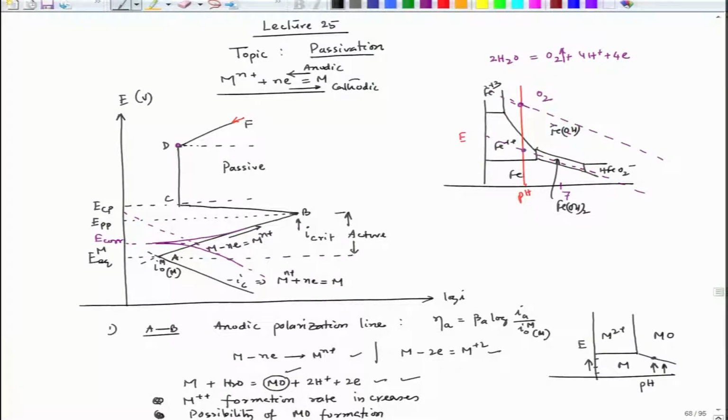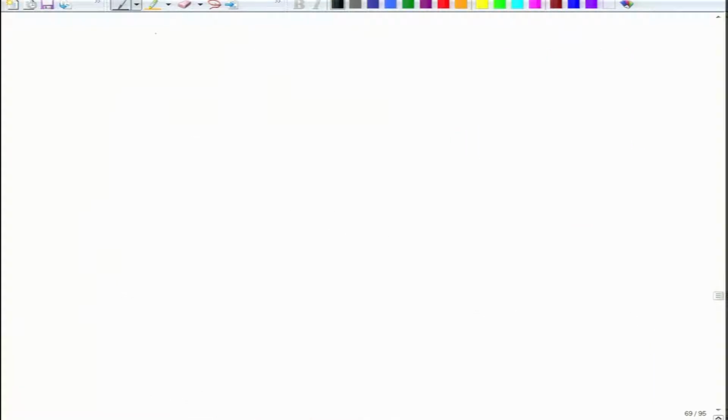Now, if we compare, Mn plus concentration increases because of the rate of this reaction.